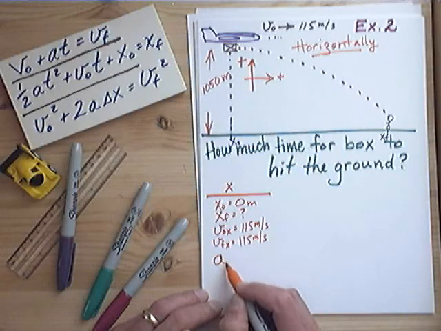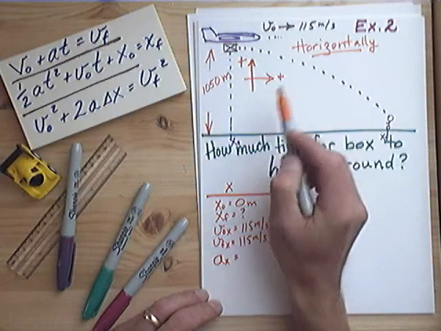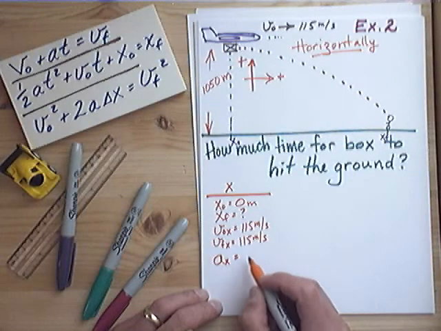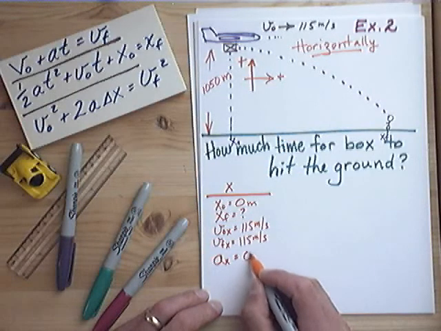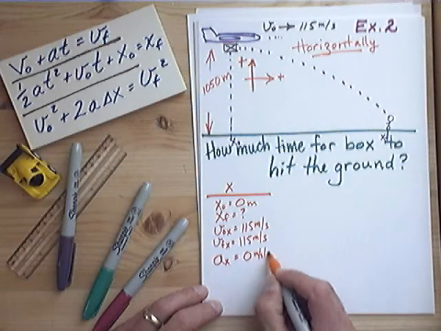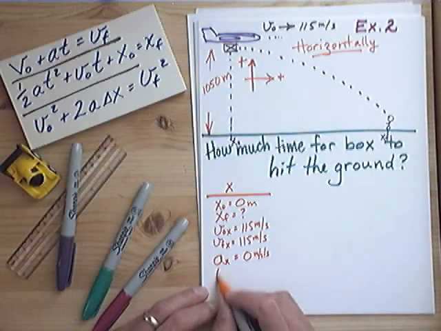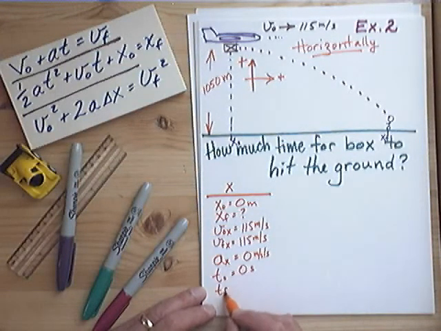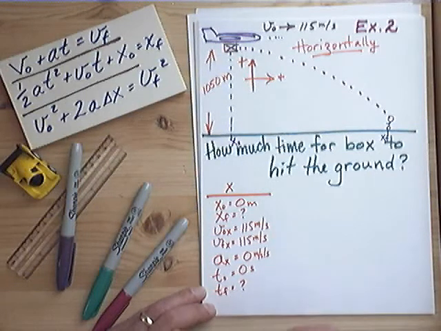My acceleration in the x direction. Am I speeding up when I'm moving in this direction? Well, because we are in free fall, there is no other forces on the box, so the acceleration is 0 meters per second per second. I will start the clock at 0 seconds, and t final is what I'm trying to find out.